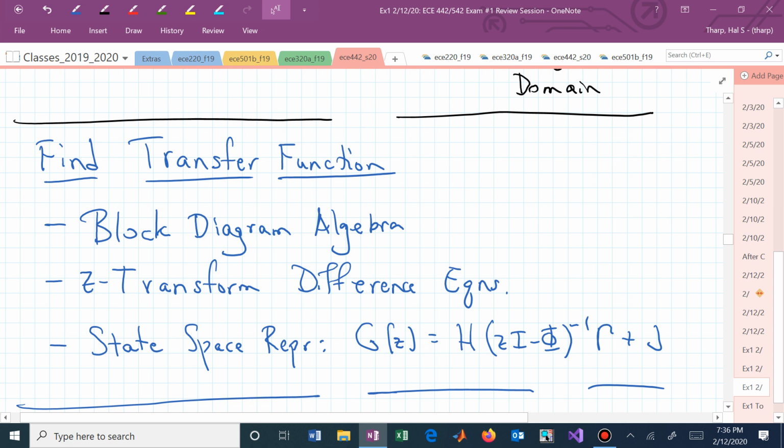I was trying to separate that into two steps: one step to find a block diagram from U to W, and then find the connections to relate the output to the W's and delayed versions of those W's. We'll try a different way of looking at that, starting with coupled difference equations and creating a block diagram, and then maybe generating a state space representation from that. That's the goal.